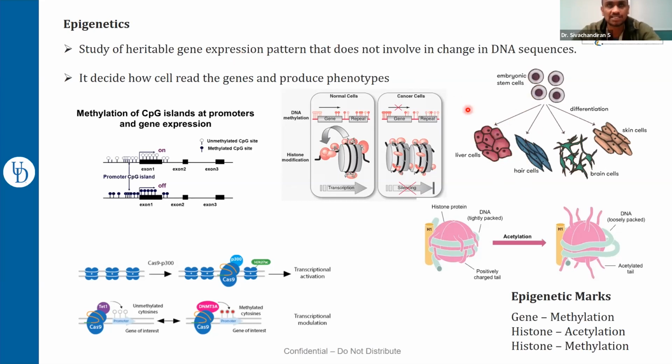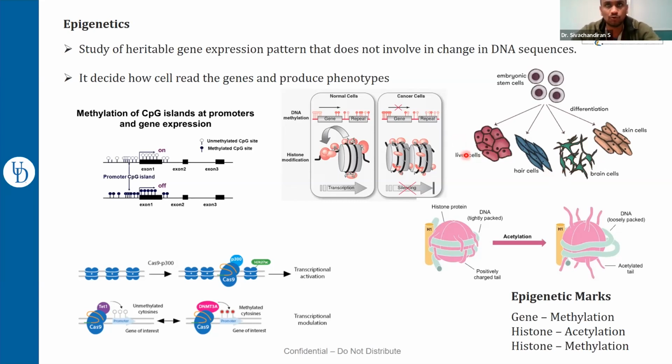It's not just the code; it is also important how the code is read in the cells. A liver cell reads the genome in a different way than a hair cell, a brain cell, or a skin cell. Based on the epigenetic marks present on the DNA, the way it is read and produces enzymes is different.